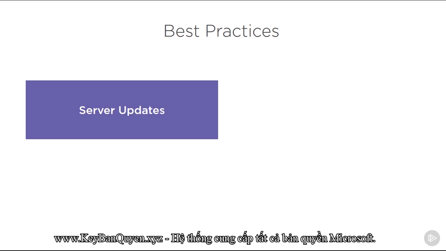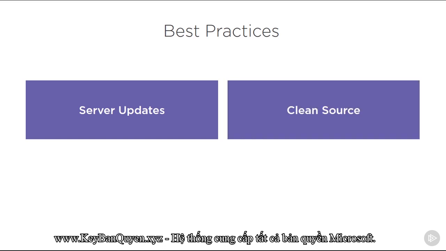Another best practice, server updates. All computers in the administrative forest should be automatically updated with all new security updates using Windows Server Update Services or another mechanism. You should have a clean source as well. So all computers in the administrative forest should run the latest operating system and should be installed using media that's been validated using the clean source principle.